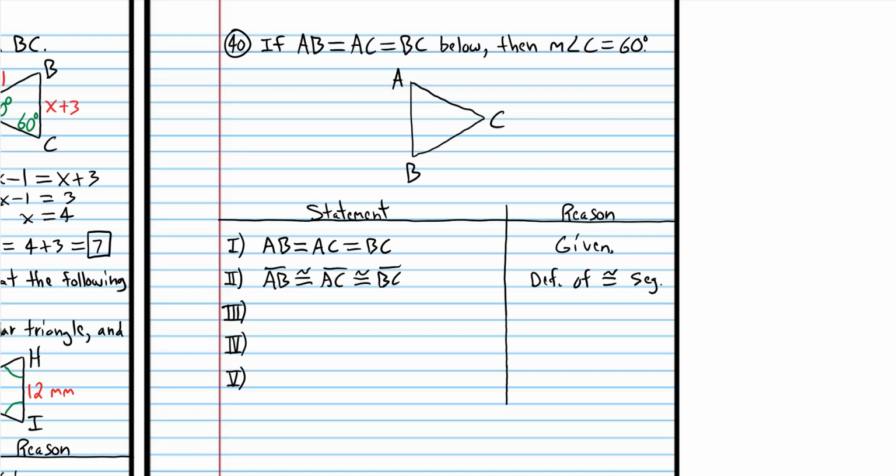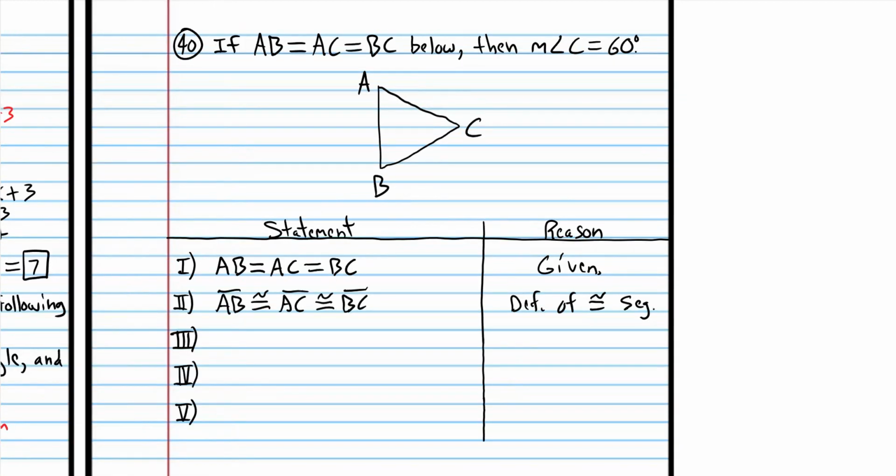So if all the sides are congruent, that means that the triangle is equilateral. So triangle ABC is equilateral. And that's just the definition of an equilateral triangle. Now we have that theorem that says if a triangle is equilateral, then it must be equiangular.